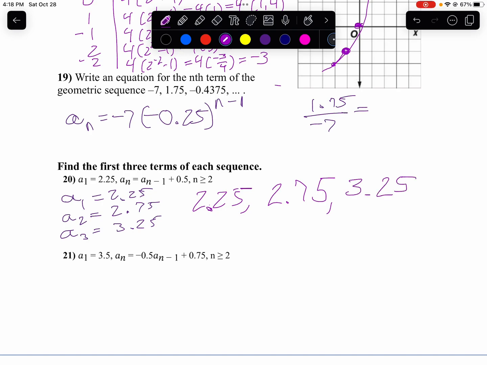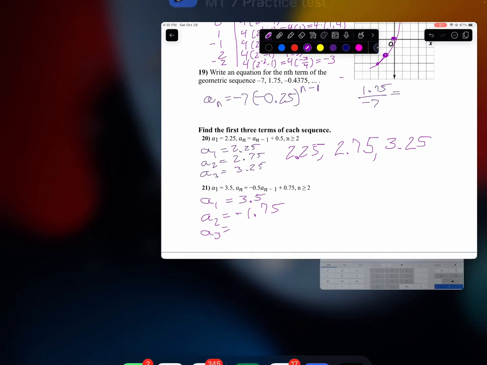I'll do the same thing on my next one. My first term is going to be 3.5. To find my second term, I'm going to take half of that and make it the opposite sign. So negative 1.75. My third term will be positive. I'm going to take 1.75 and divide that by 2.